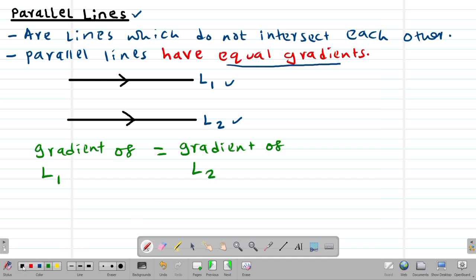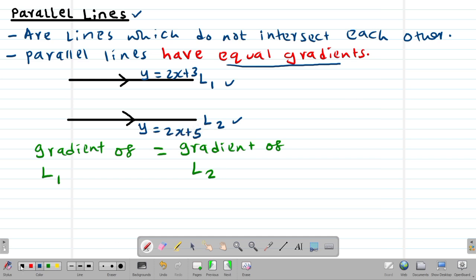Now, an example of an equation could be, suppose line L1 has the equation y = 2x + 3. Then the line L2 must have an equation such as y = 2x + 5.